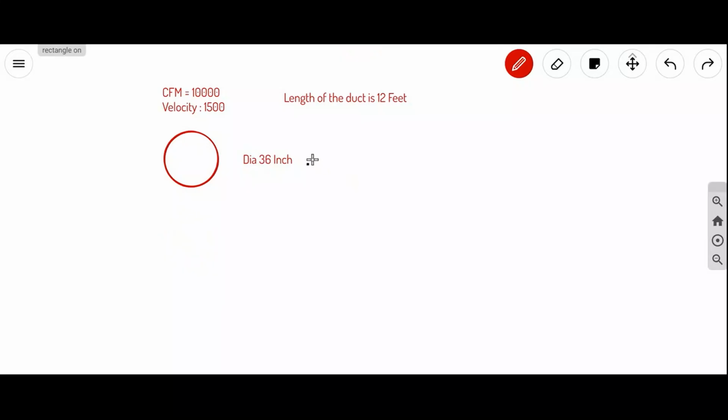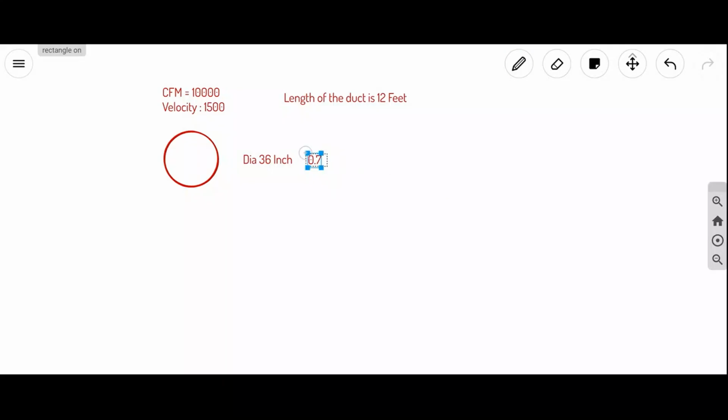Wait, what is the friction you are getting here? Friction factor is 0.07. You are asking head loss, right? Yeah, 0.07.